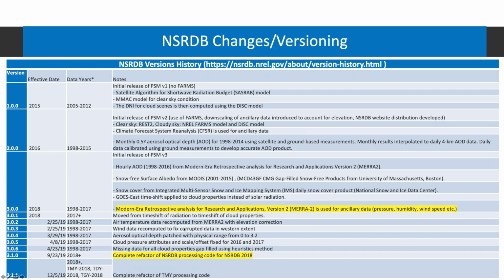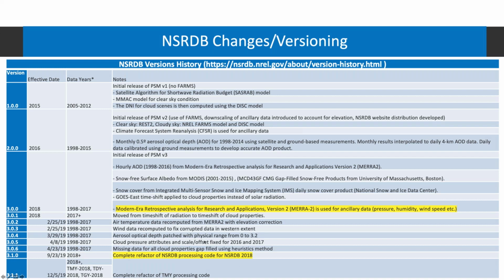Of course, there were other minor changes which did not require a change to version 4.0, but as another highlight, we refactored our NSRDB processing code in 2018 to make it operational for our high resolution time and space data. We did need to change our code, so this represented a version change.